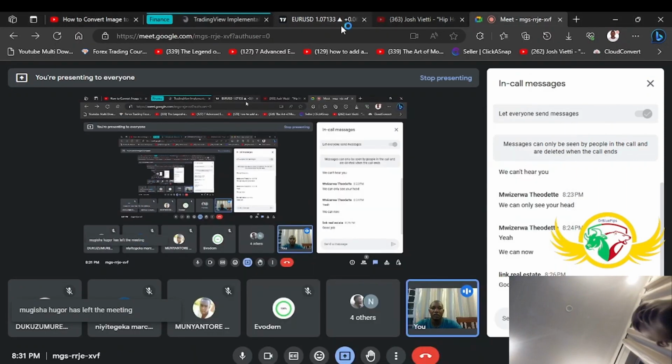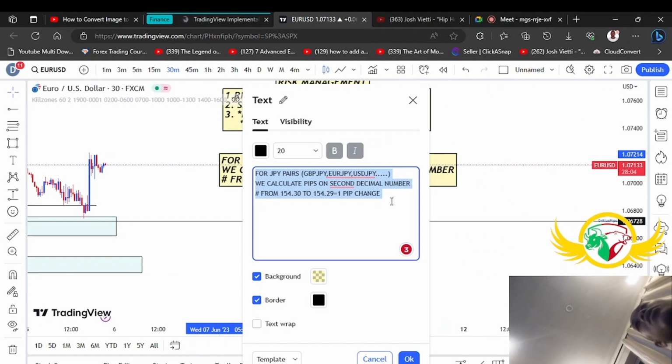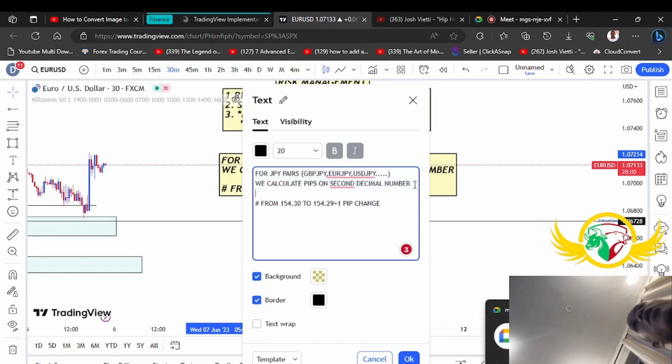So I was saying, I hope you can understand this one. For GPY pairs, we calculate from the second decimal number. For example, if a pair moves from 154.30 to 154.29, this is 1 pip change. Okay.